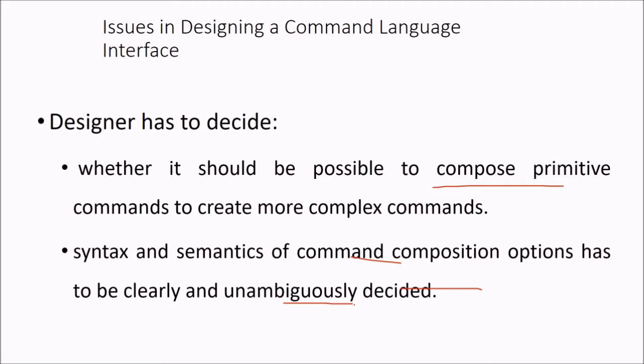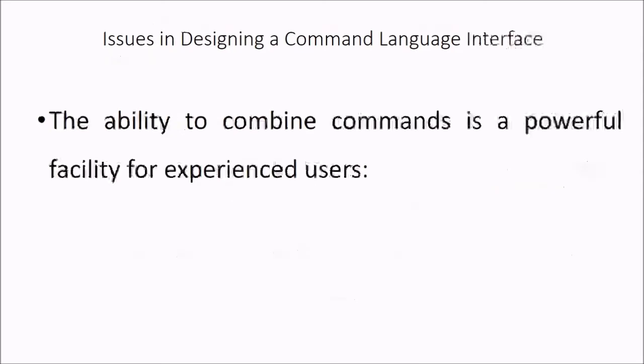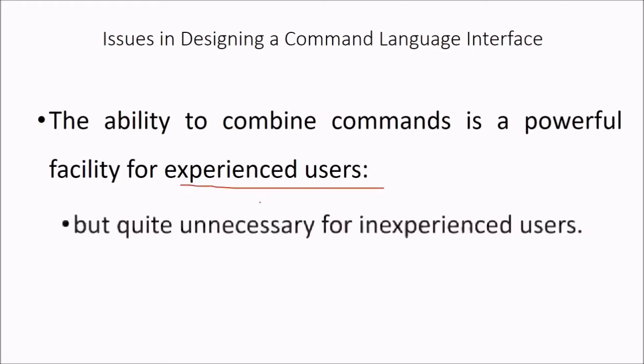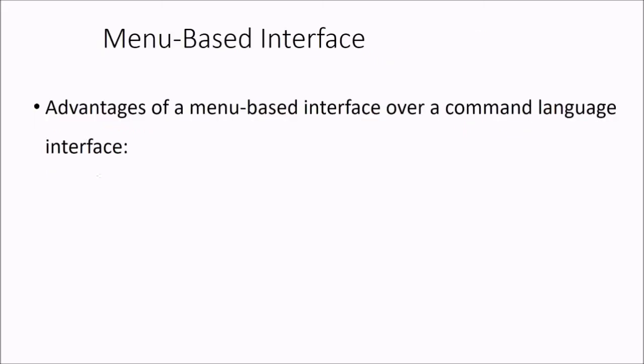This is a command line operation in Windows. Now this is so versatile and so meaningful that anybody can understand and remember it for long, right? Then the ability to combine commands is a powerful facility for those users who are experienced, but not very good for inexperienced users.